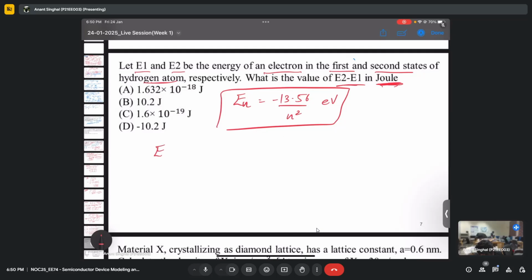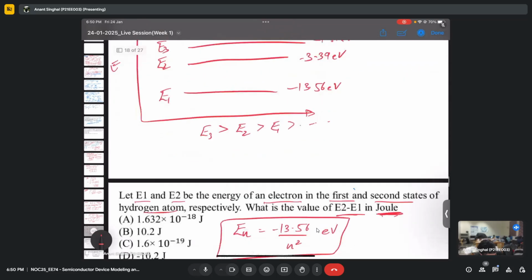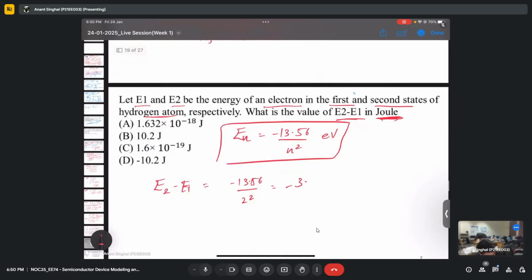So it is asking for E2 minus E1. E2 will be minus 13.56 by 2 square. Let me write it in electron volts itself. That is minus 3.39. Oh, sorry, there is a second term also, which is minus 13.56 by 1 square. So it will be minus 3.39 plus 13.56 electron volts.